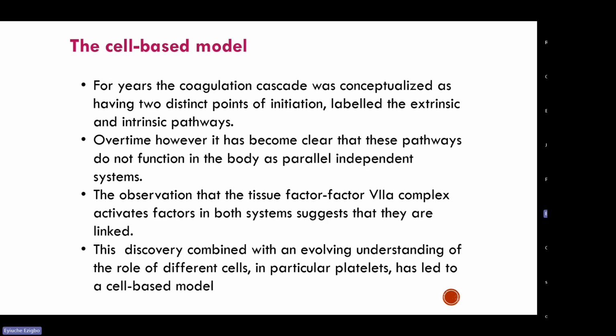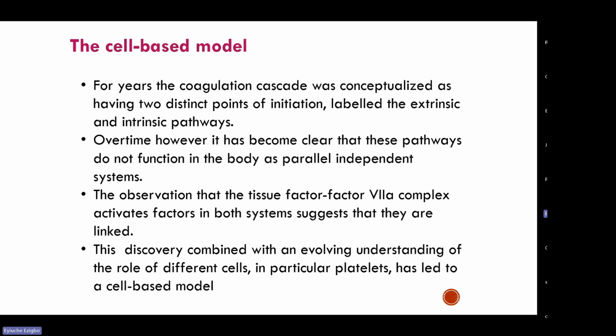This discovery combined with an evolving understanding of the role of different cells, because in the cascade pathway, they are talking about an enzyme activating another enzyme, which activates another one. But they did not recognize the role that cells like the platelets play in the process of blood coagulation.